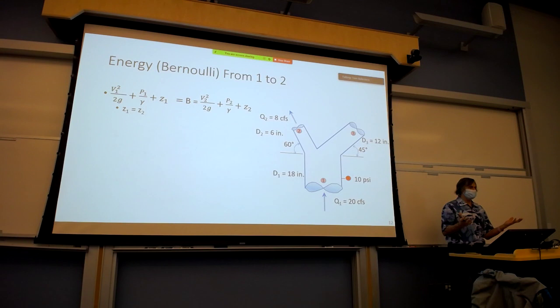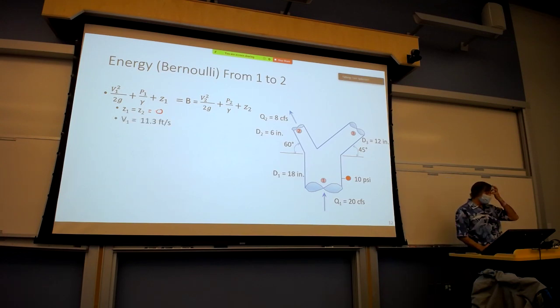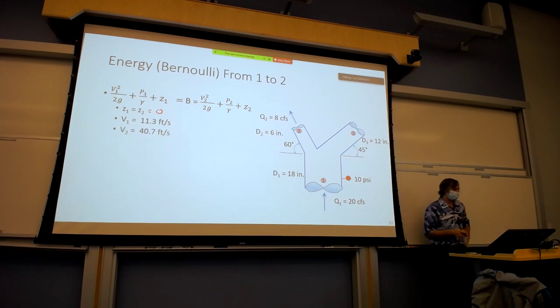So we know that Z1 is equal to Z2, which is equal to 0. They're on our datum, our elevation data. V1, from the last problem, from 2 slides ago, we calculated from continuity to be 11.3 feet per second. V2 we calculated to be 40.7 feet per second.